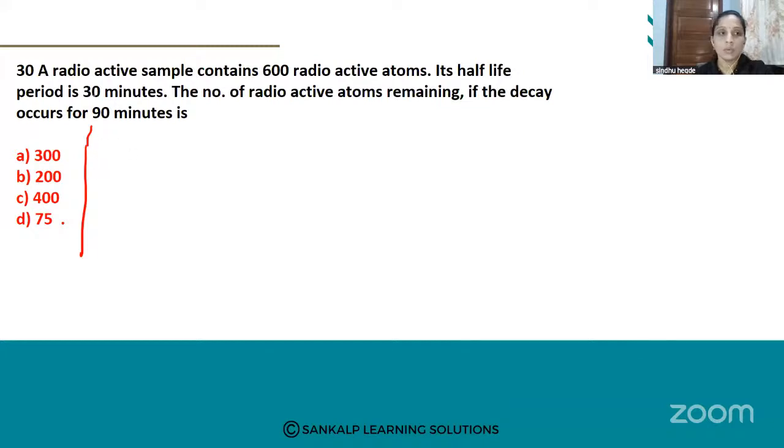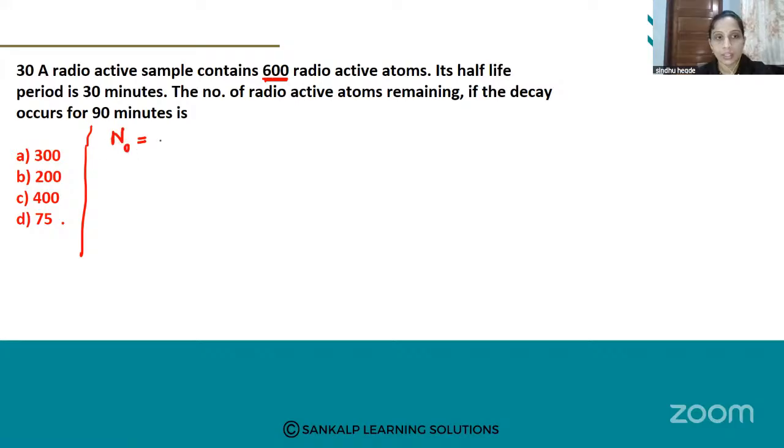See, first write the given things. A radioactive sample contains 600 radioactive atoms. This is the first thing given in your question. So what is this 600? Here you mention radioactive sample, right? Radioactive sample is what we call N naught.